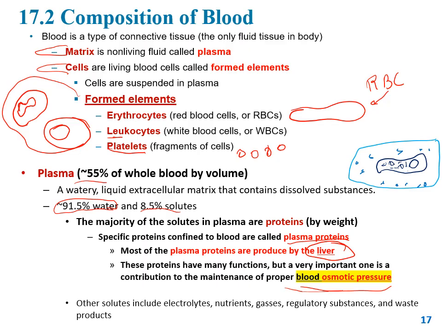Now, if you have approximately the same number of proteins in the plasma in comparison to the inside of the cell, what is going to happen to the movement of water? Not much. The same amount that goes in is the amount that's going to come out. So you can maintain the integrity of the cell membrane and it is not going to swell up and burst.